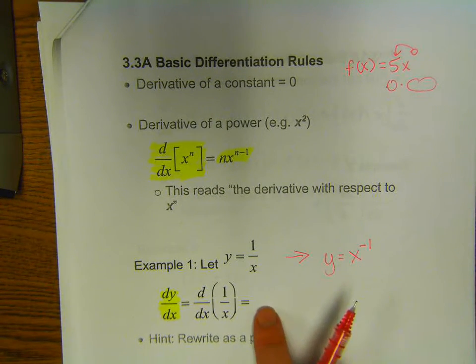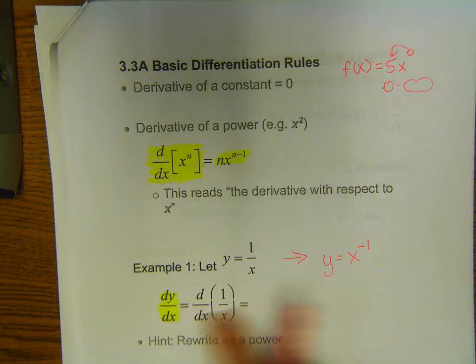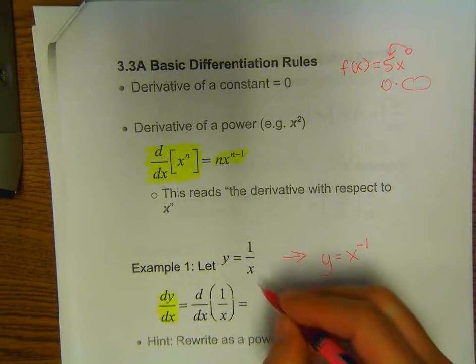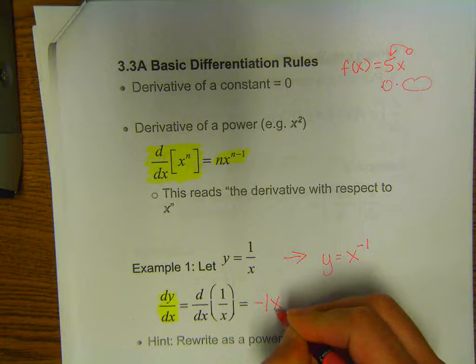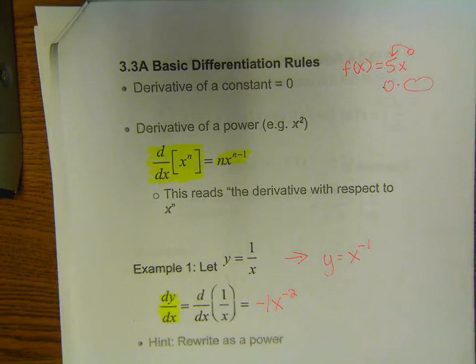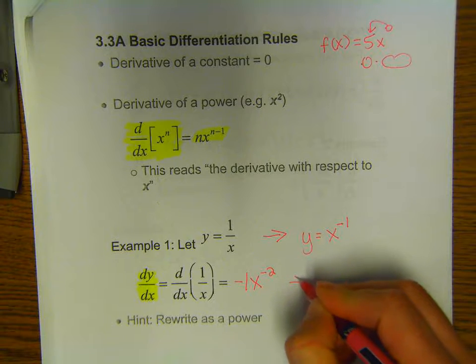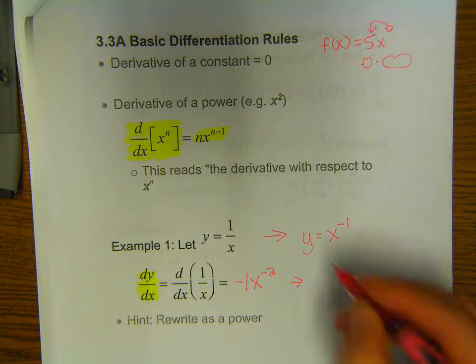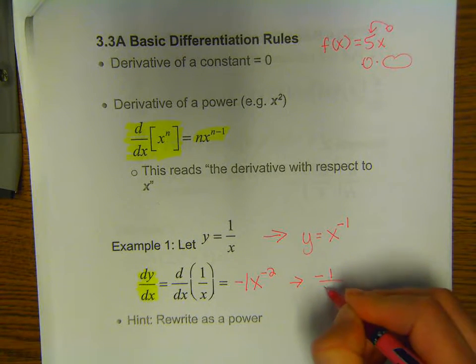So x to the negative 1 power, if I wanted to find dy dx, the negative 1 would come down to the front. So it would be negative 1 times x. Now be careful. I have to subtract. What's negative 1 minus 1? Negative 2. And then the last thing is we go back and put it back in fraction form. That's negative 1 over x squared.